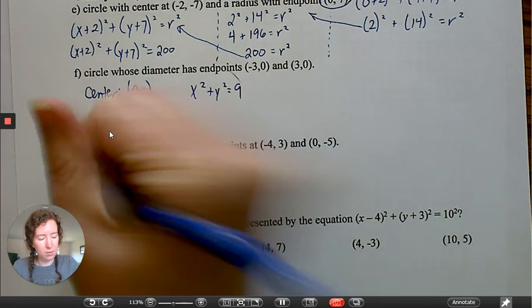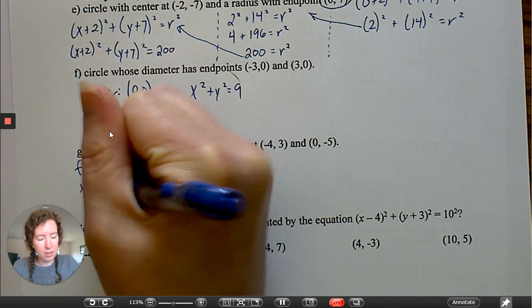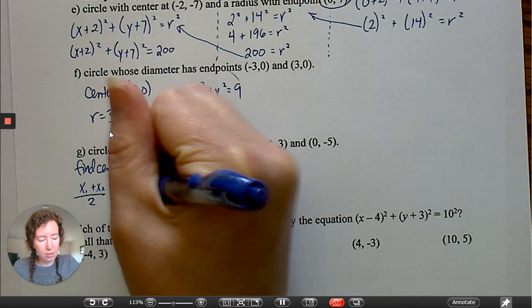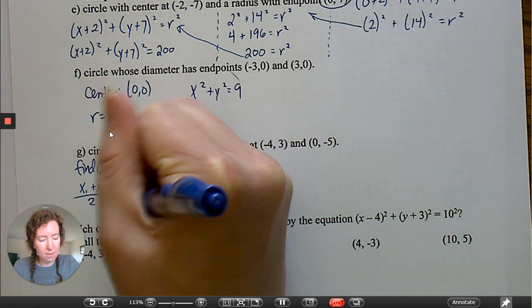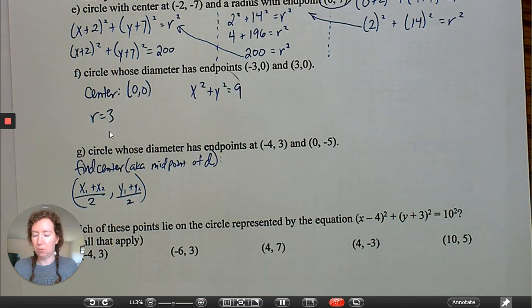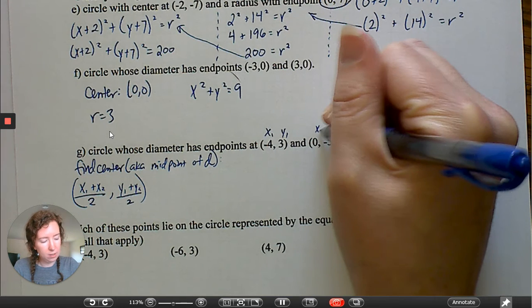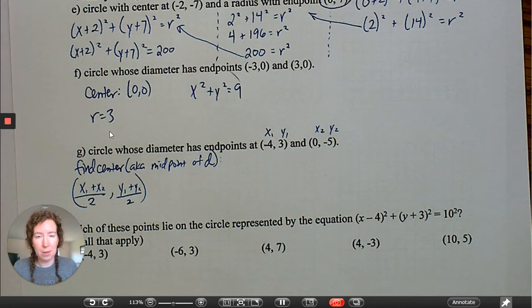So we're going to use this formula. You're going to add your two x's and divide them by 2. And then you add your two y's and divide them by 2. It's called the midpoint formula. All right, so we can just call this x1, y1, x2, y2. Since we're adding, it doesn't matter which one is which.